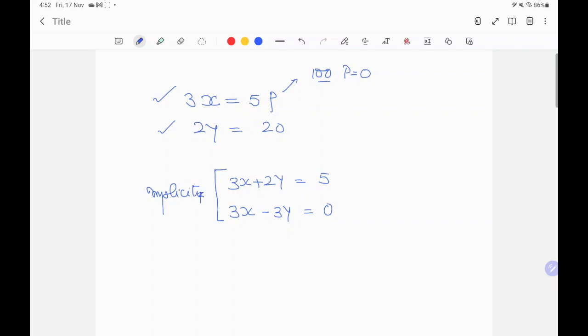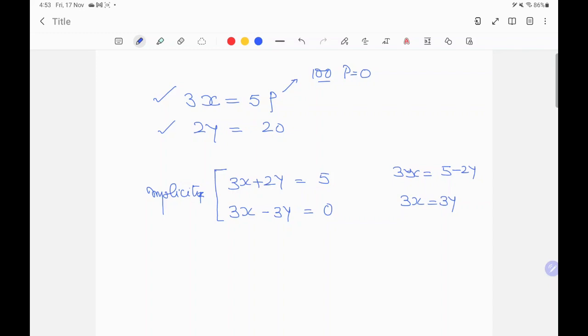right? Even if I write it as 3x is equal to 5 minus 2y, I cannot solve this. If I write this equation as 3x is equal to 3y, I cannot solve it, because on the right side there is a term which I don't know.